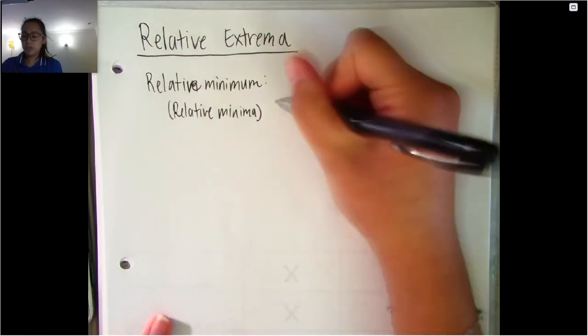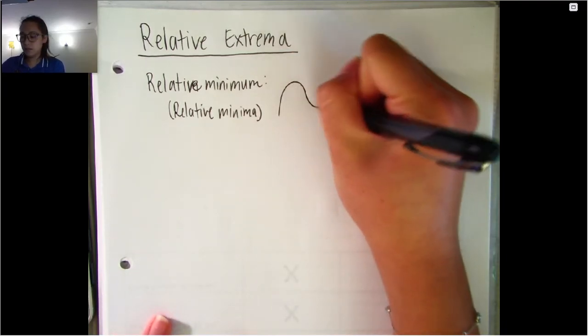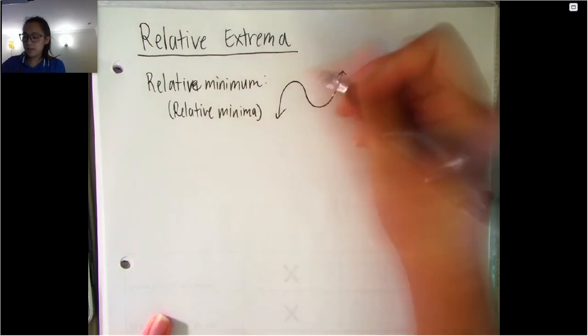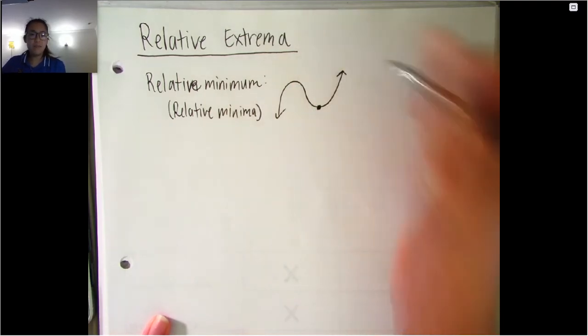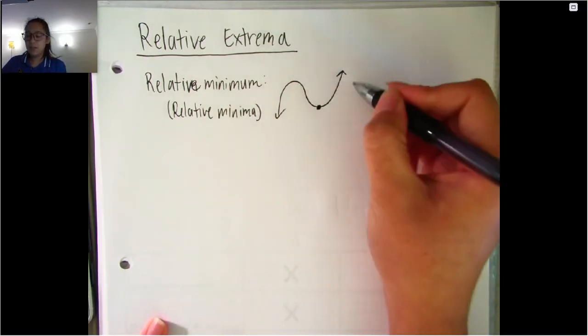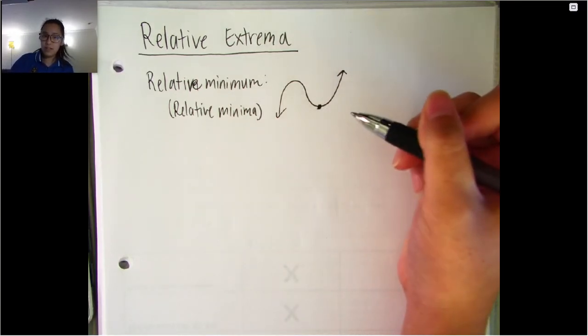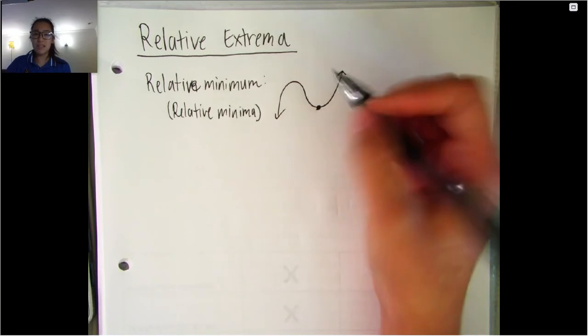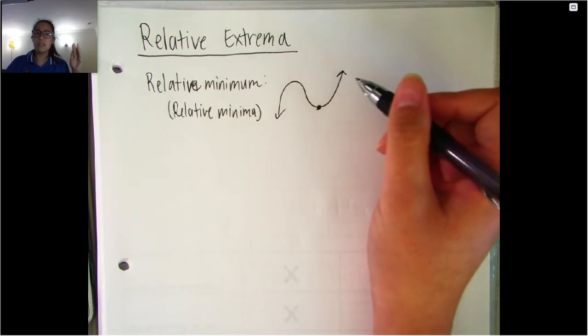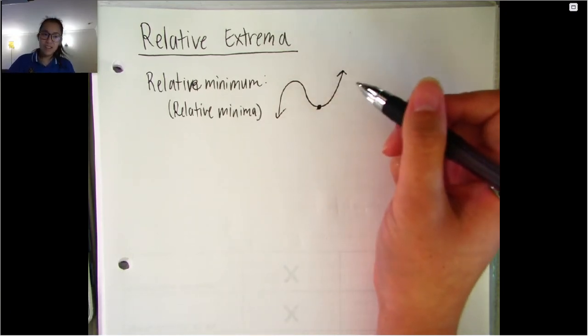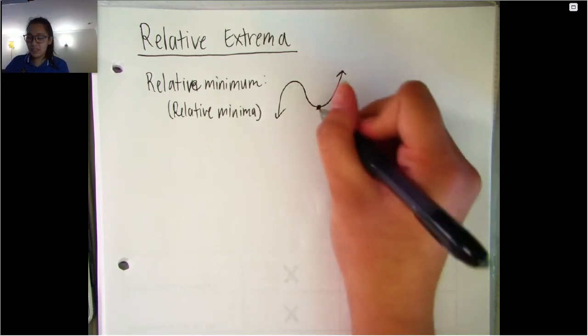That's going to look something like this. So this would be the relative minimum of this function. And we talked about this before because relative to the points around it, it is a minimum. So that doesn't mean that it's the lowest point on the graph. It just means it's the lowest point relative to the points around it. So this is a relative minimum.